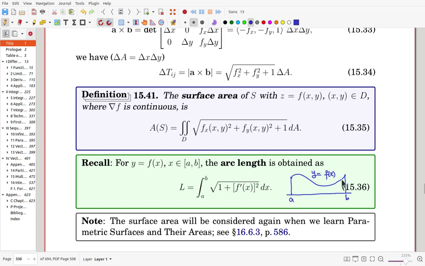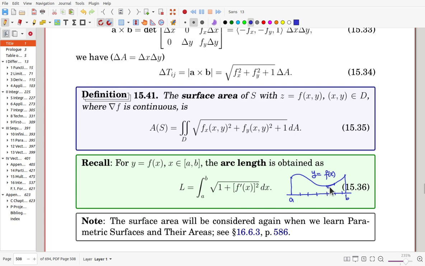Then to get this arc length, you first partition the interval, and then for each subinterval, we try to approximate the arc length by the length of the line segment.